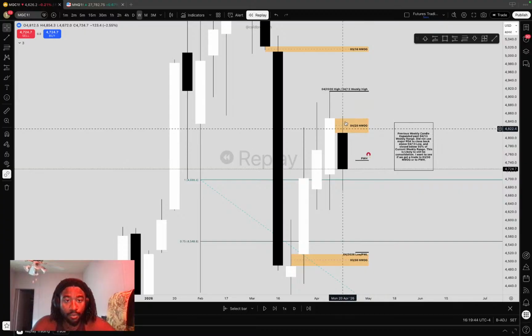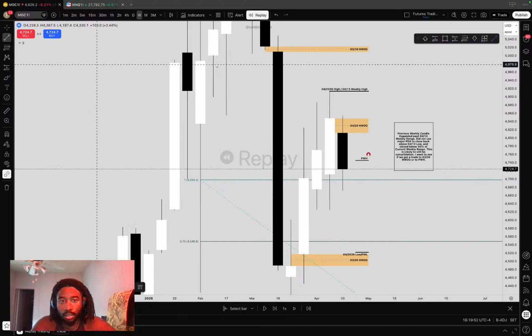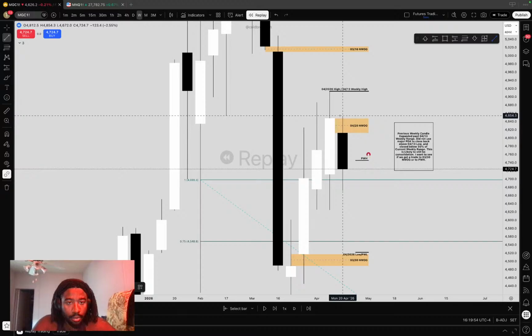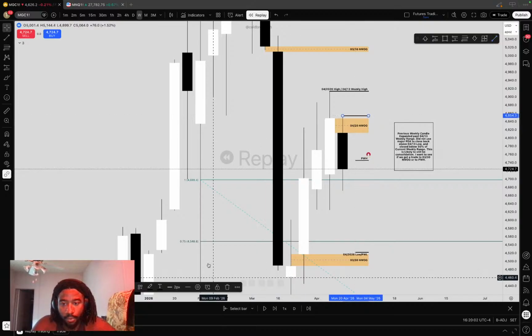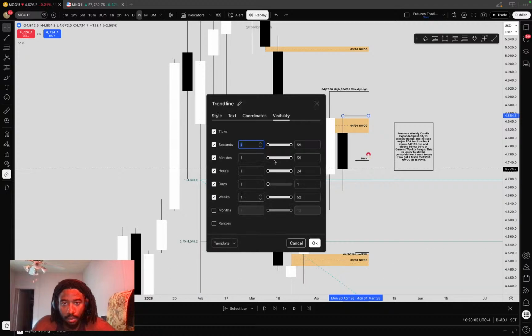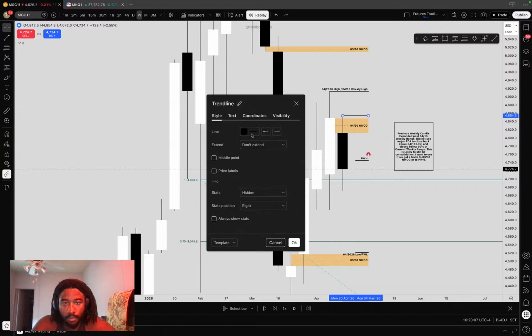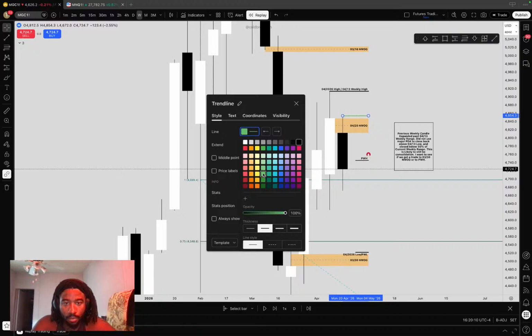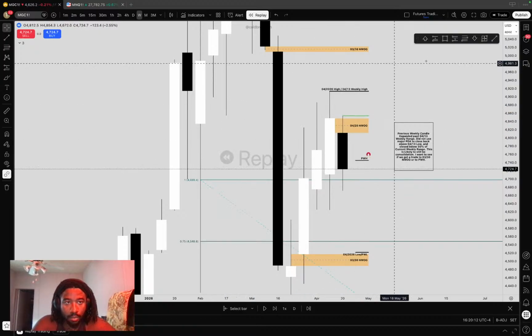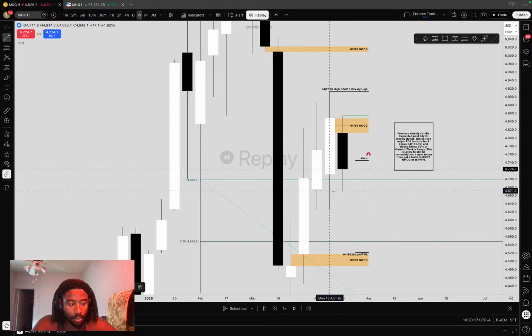All right. So obviously we have previous week high there, previous week low there. We're gonna label that with green, and then we're gonna label the low with red.